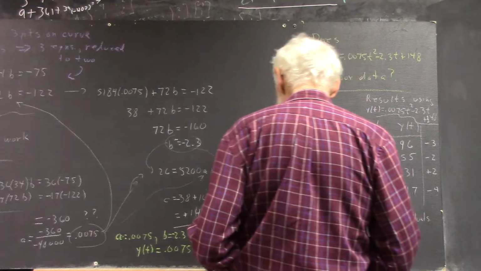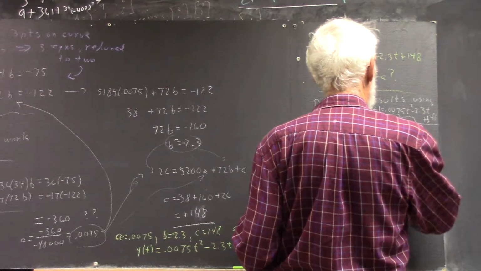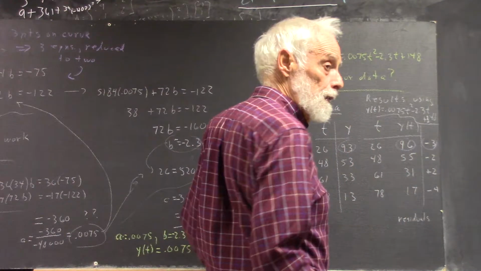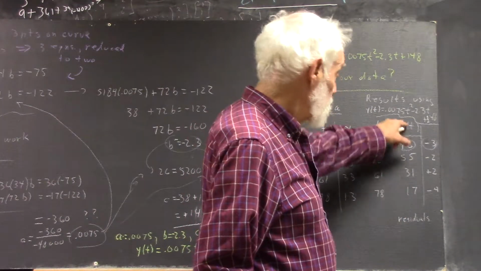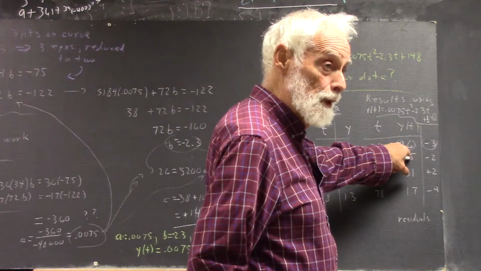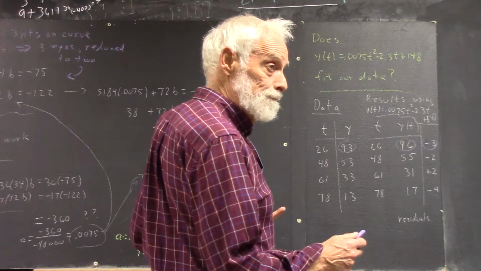residuals. In other words, I'll use a little color coding. This number comes from this number and this number in the obvious way. This one's 3 lower than that one, right? Here's our model. We're comparing our data with our model. Our data is 3 below the curve. Okay?